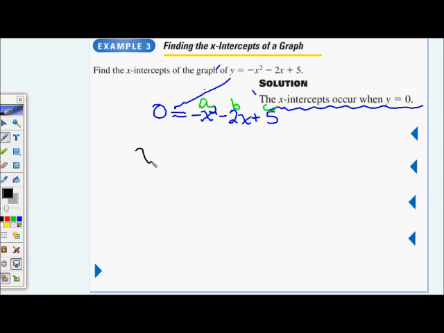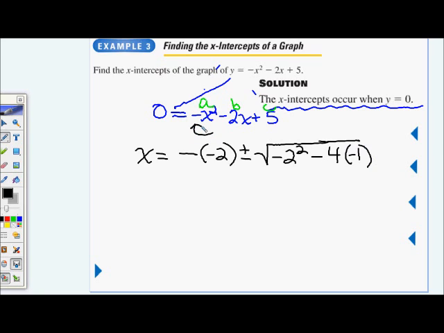We're going to go with x equals, and let's plug in our values here, a negative 2 plus or minus the square root. I'm using my quadratic formula, negative 2 squared because it's b squared, and then minus 4ac. My a is going to be a negative 1, and my c is 5. That is all going to be over 2.